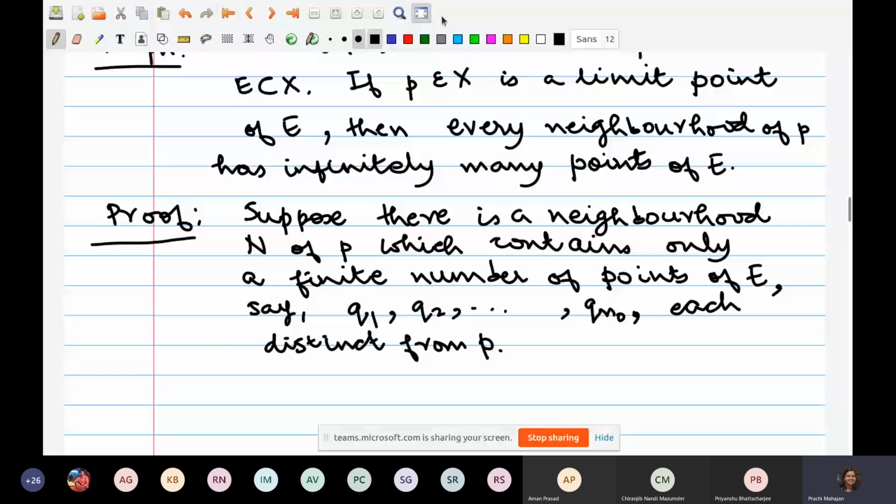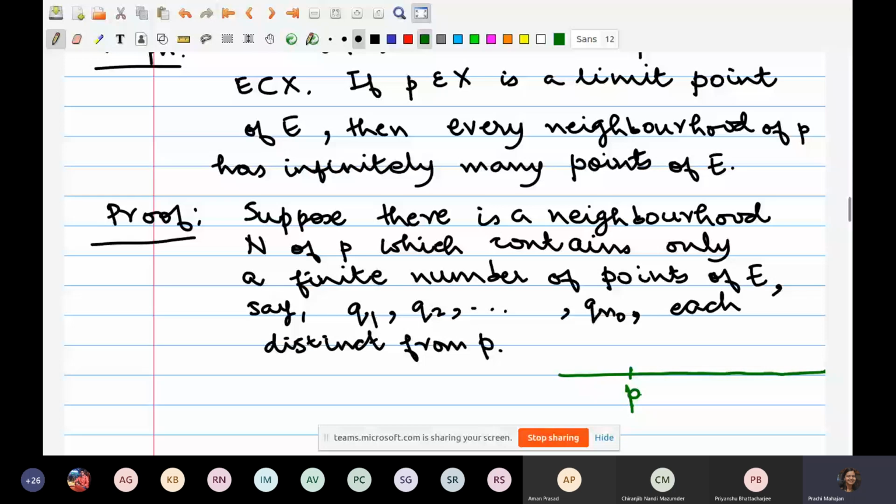Let's try to draw a little picture here. I have a point P. This picture is assuming that the metric space X is the real line. I'm trying to draw something so that maybe the proof is a little more transparent.